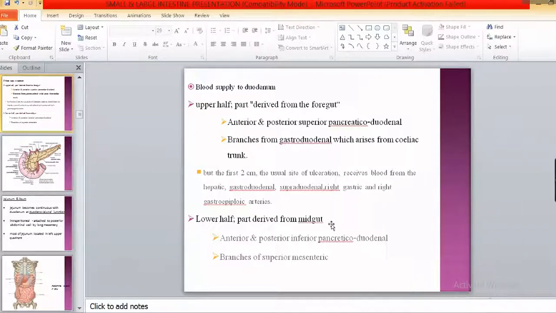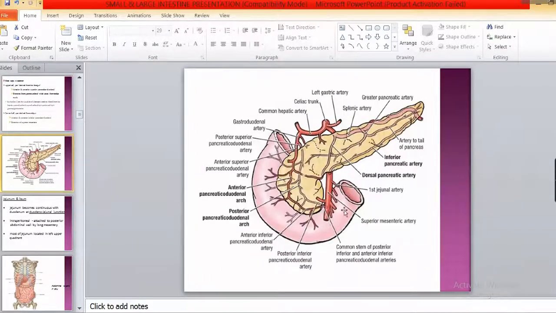So this image shows you the inferior mesenteric and the celiac trunk there. And then the branches: you have the common, you have the pancreaticoduodenal, anterior and posterior, supplying this medial end, and on the other side you have anterior and posterior but superior. The lower end is inferior.